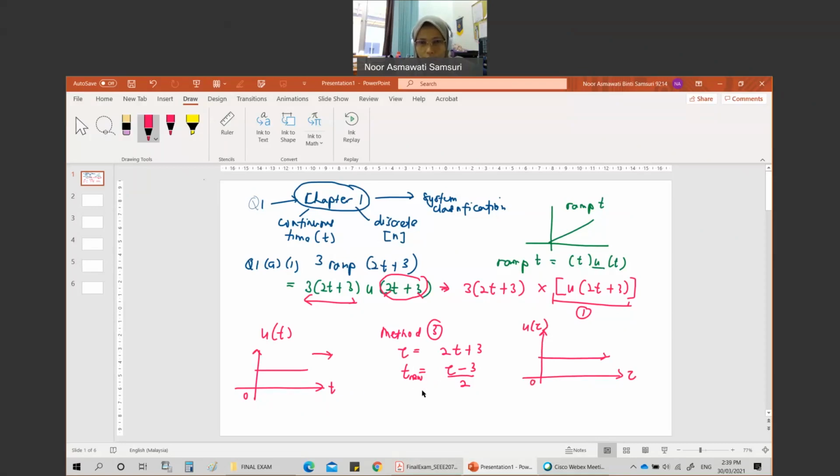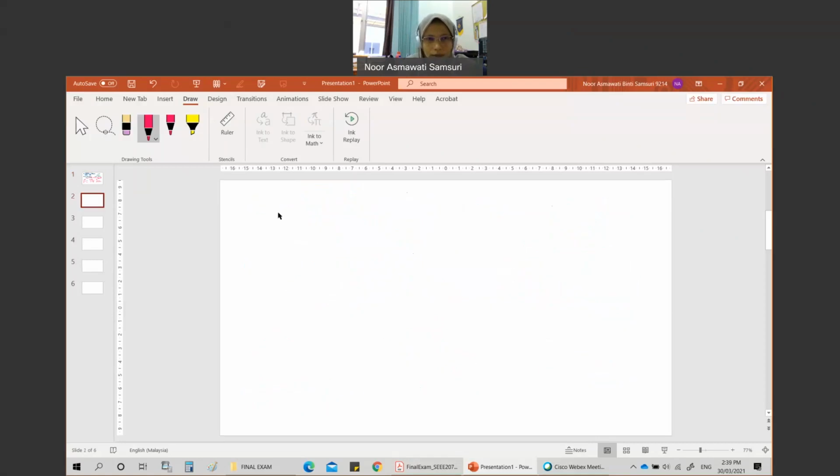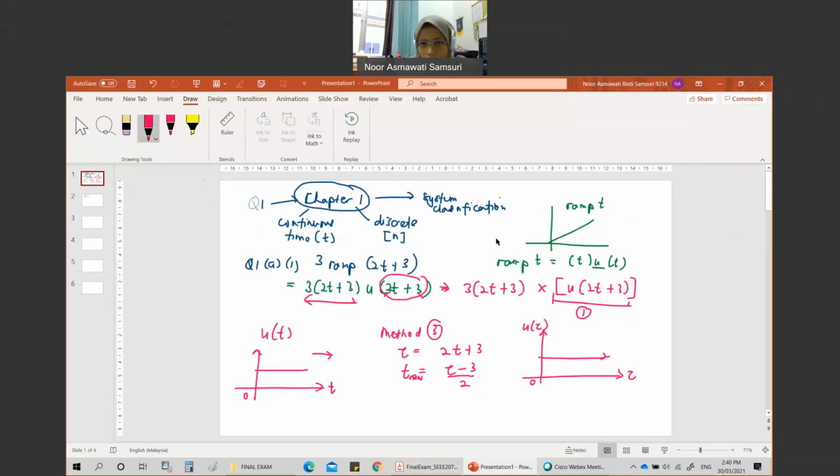You need to identify what is t new. Okay, so let's use a different page. In this case, you have changed the axis into tau, u(tau). This is 1 by default. And you have to sketch, for just now, 2t plus 3.